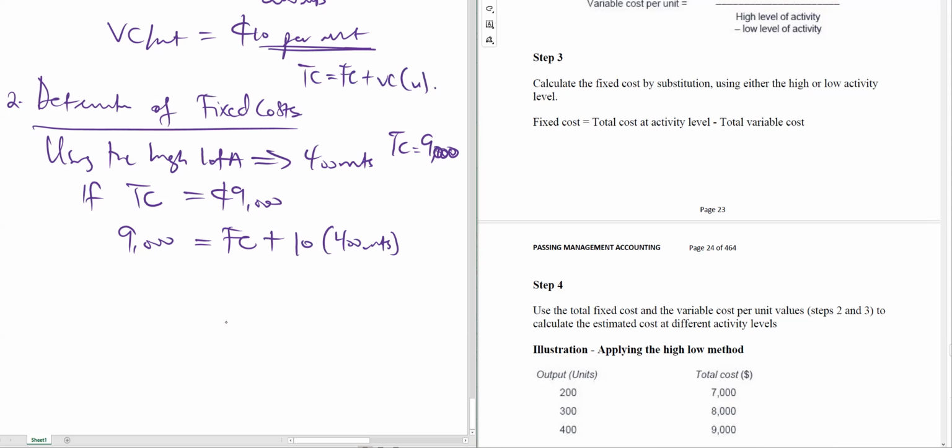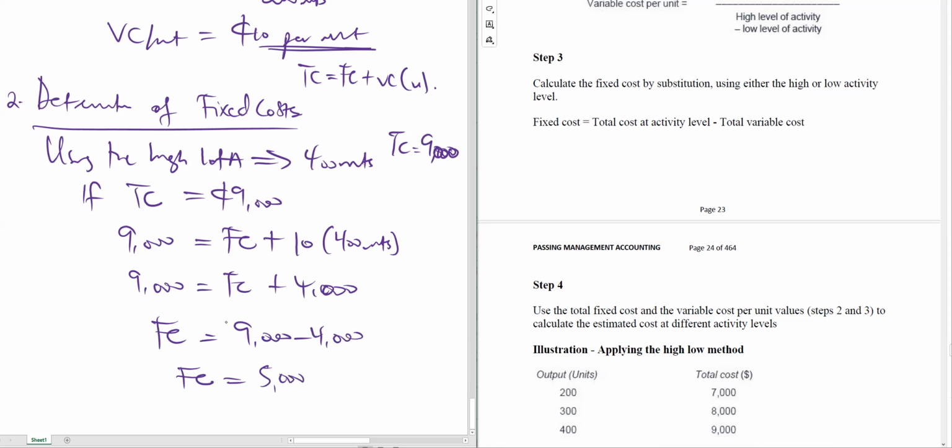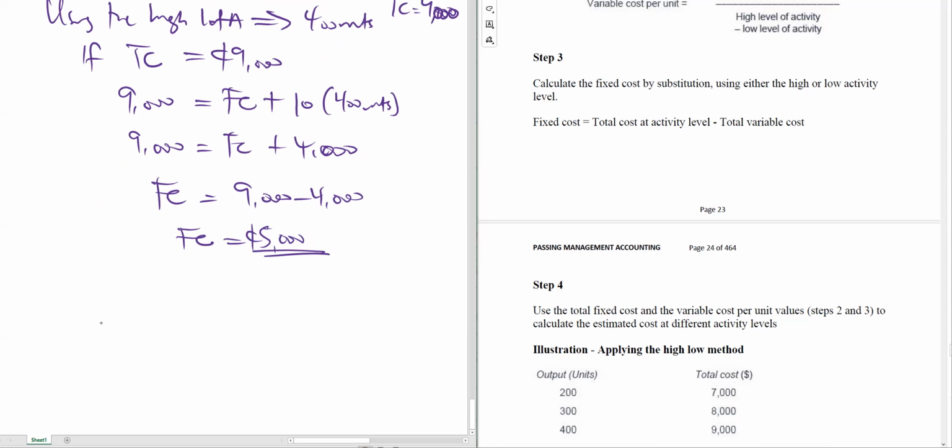So 9,000 equals fixed cost plus 10 CDs by 400, which is 4,000, not so. That means fixed cost becomes 9,000 minus 4,000. So our fixed cost is 5,000.